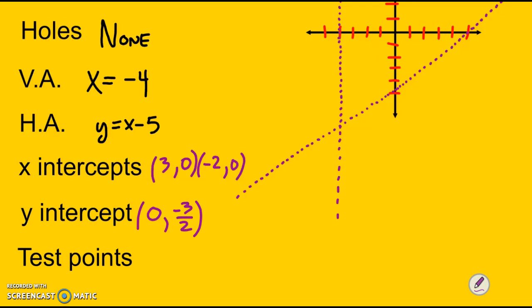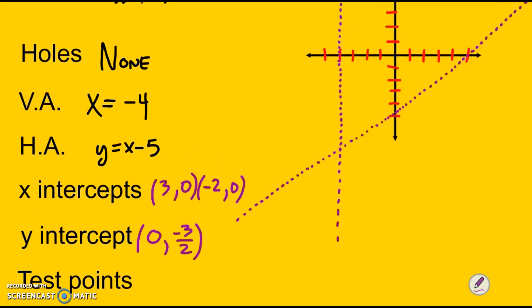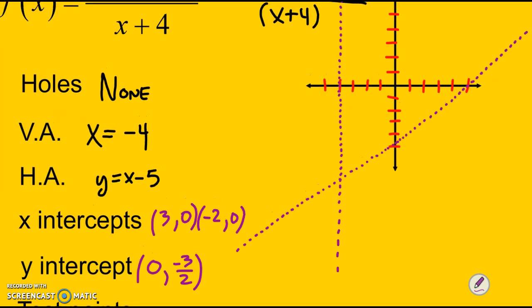And now we got to figure out where the graph is. What's going on? Well, let's put those intercepts on the graph. So we have a 0, -3 halves right there. We have a 3, 0, and a -2, 0.